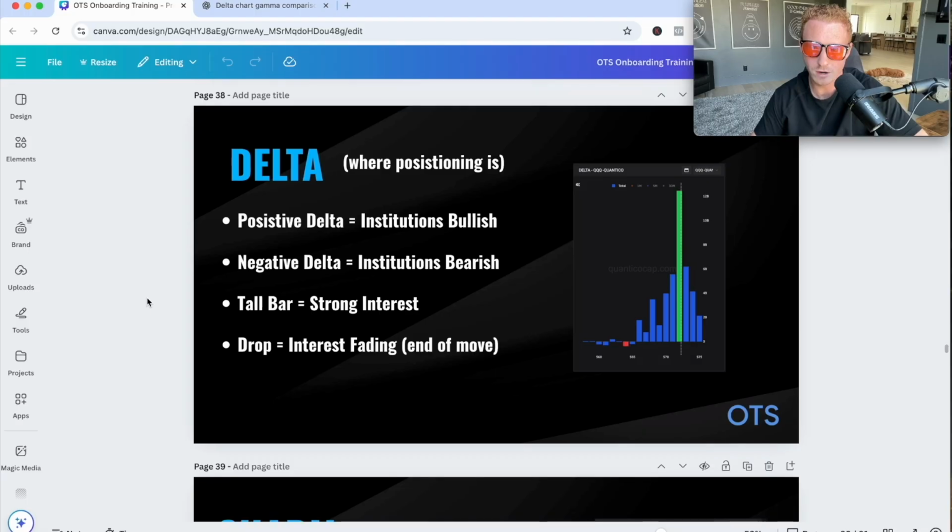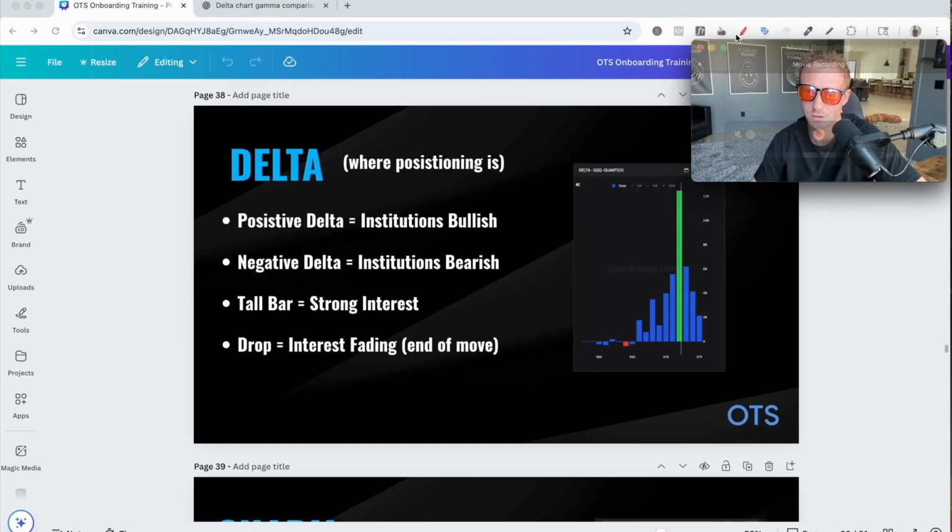A tall bar, as you can see the bars right here, a tall bar means there's a lot of strong interest there. And typically the market wants to pull to these tall bar areas, making it a key level. And then a drop is interest fading or the end of the move. So for example, when we see this bar, right?